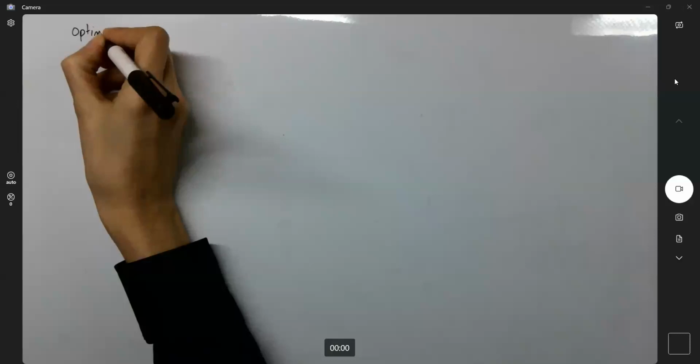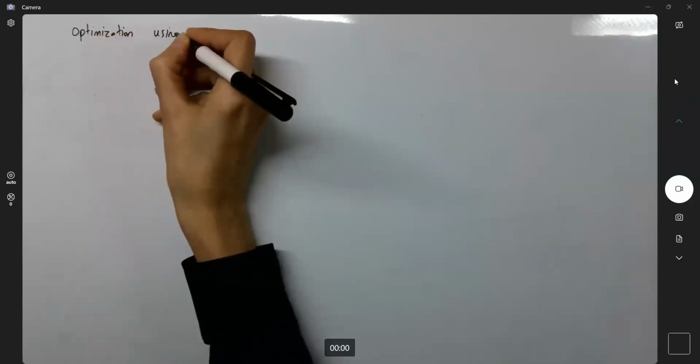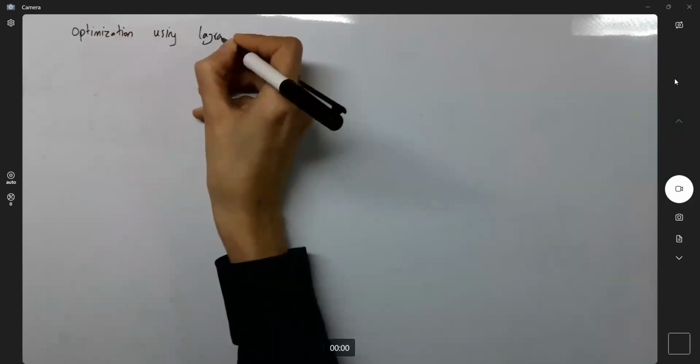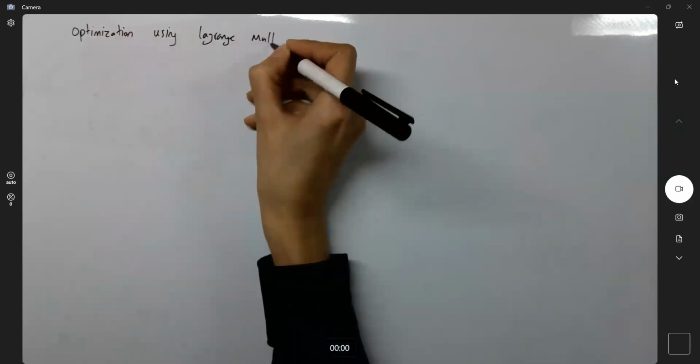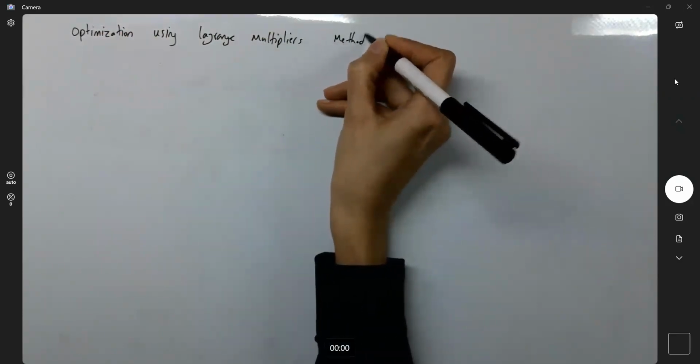Now let's talk about the Lagrange multipliers method. In the Lagrange multipliers method, sometimes we have a function which is restricted, limited to some other functions. So, optimization using the Lagrange multipliers method.